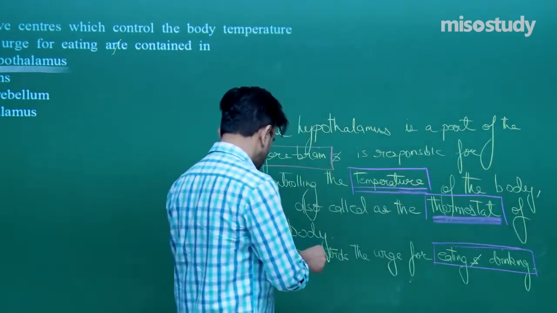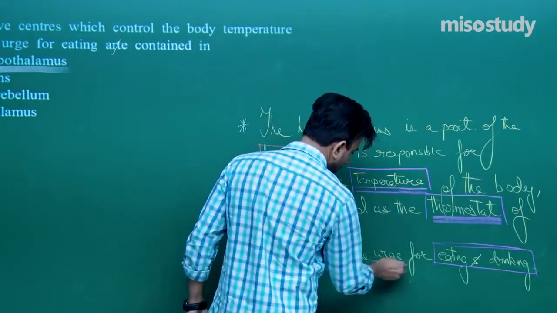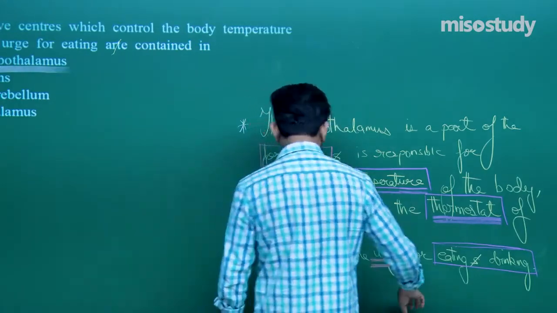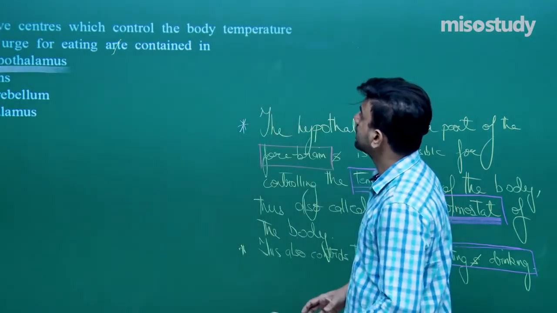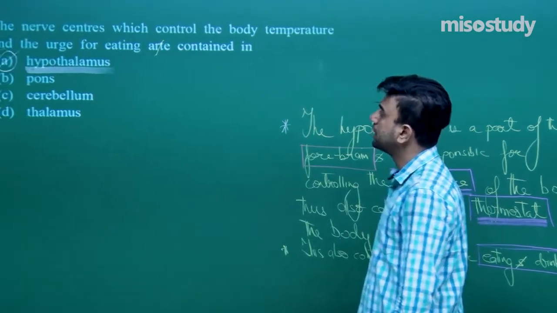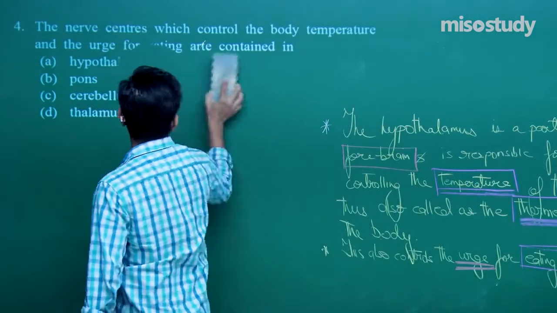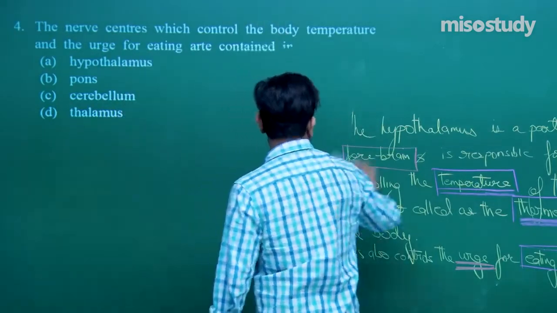Okay, so this also controls the urge for eating and drinking. So the nerve centers which control the body temperature and the urge for eating are contained in the hypothalamus. Right.